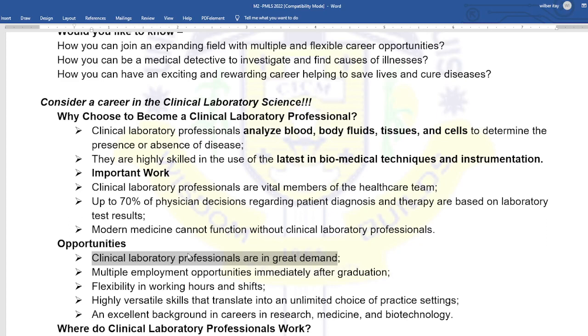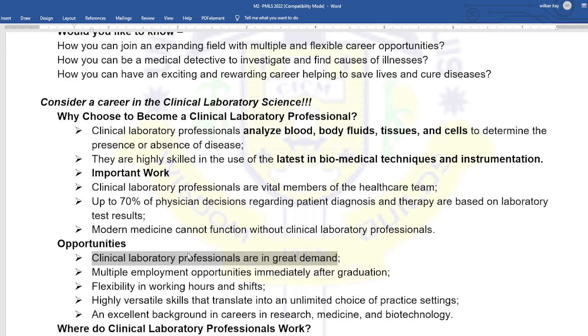So, why is it that clinical laboratory professionals are in great demand? Because you contribute in the healthcare delivery system. Okay? We are essential in the healthcare team. And, as you can see guys, with the pandemic, especially nowadays, we are in great demand.